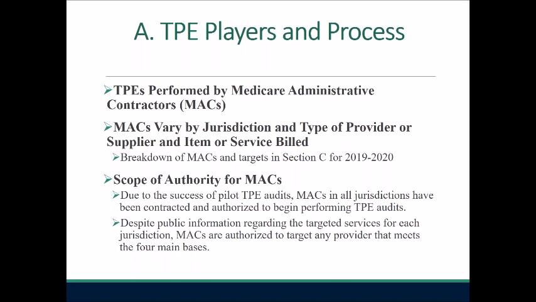They are authorized to target any provider that meets 4 main categories. So in what you have publicly available, there's targeted services, but MACs have their own authority to pick a provider that they think they need to review. Even though you have some guidance, they still have some discretion.